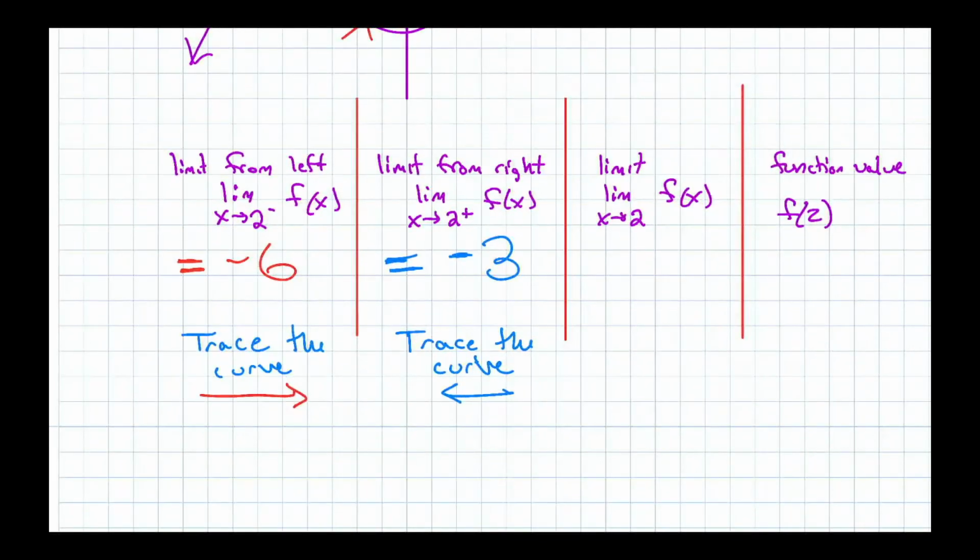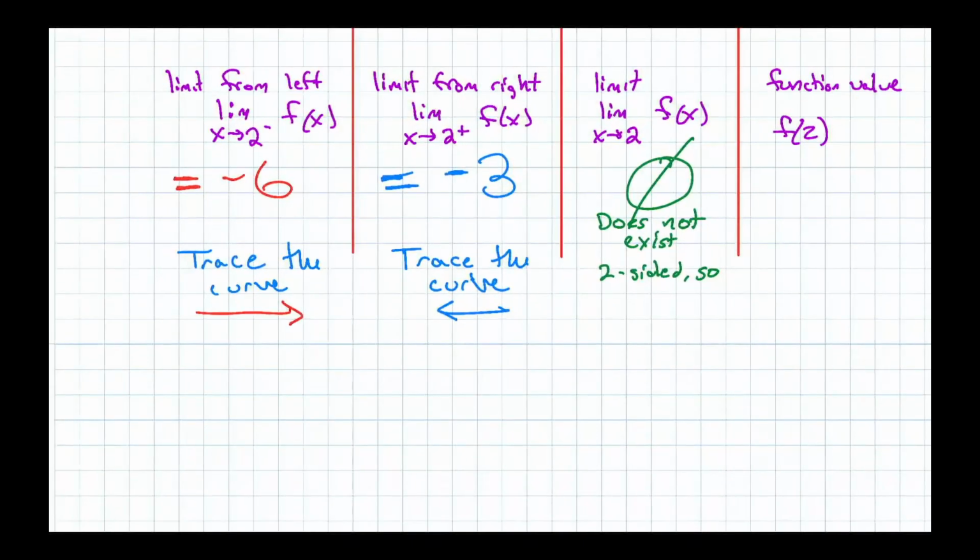So this is going to be: does not exist. And the reason it doesn't exist is because the previous two answers are not the same. So this is two-sided. So it only exists if the left and right hand limits agree.